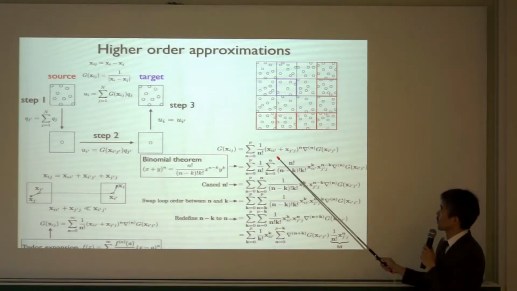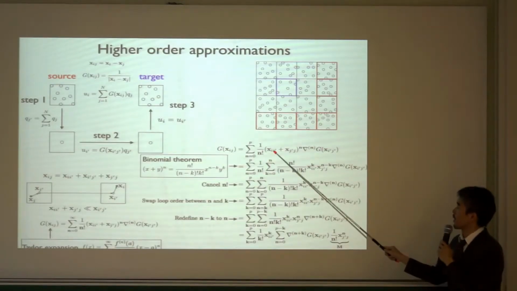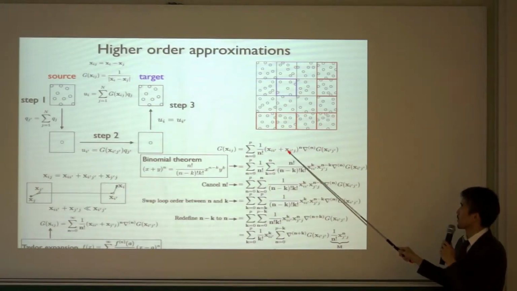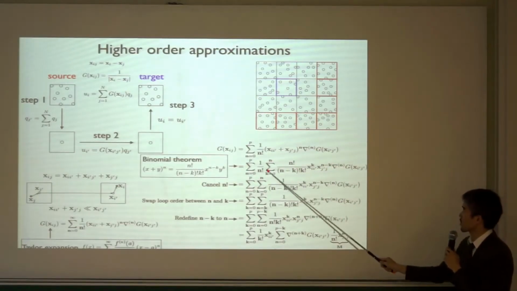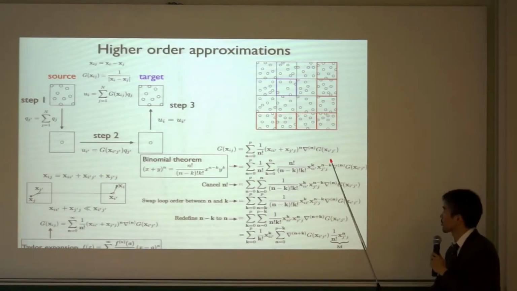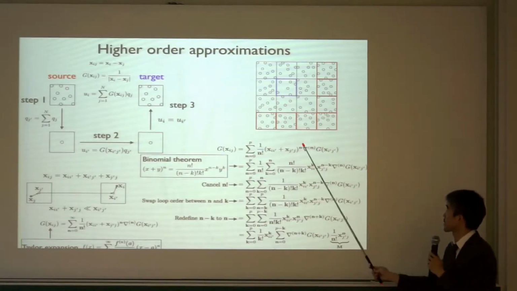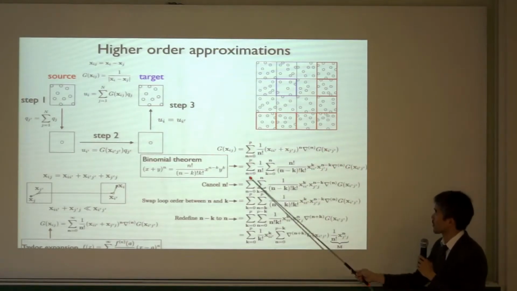So what we did is we applied this binomial theorem to this part here. So xii prime plus xj prime j to the nth power can be written from this summation up to here. So it changed into this term here. Everything else is the same, as you can compare with your eyes. This part is the same as this part. This part is the same.